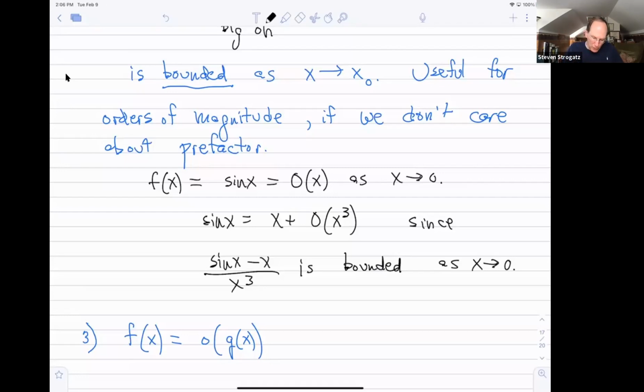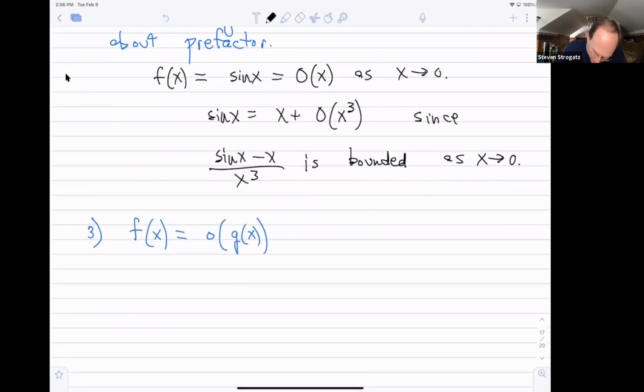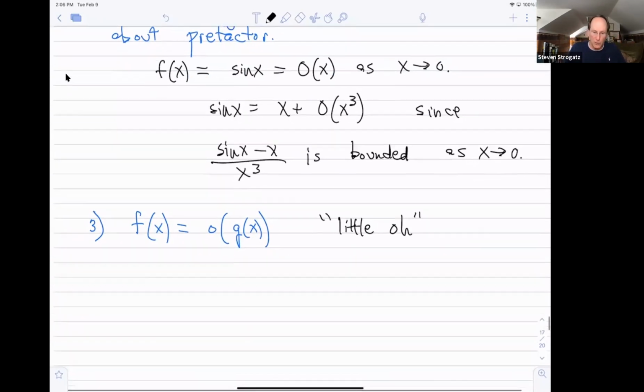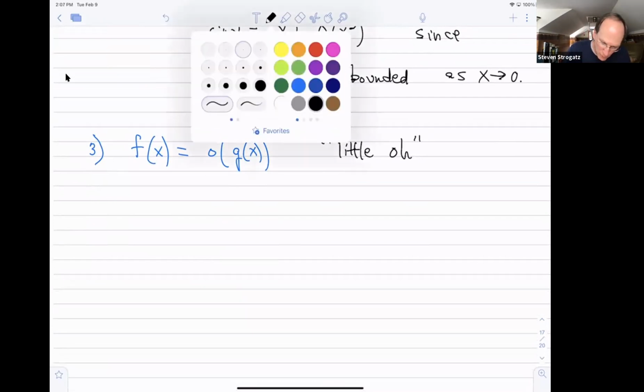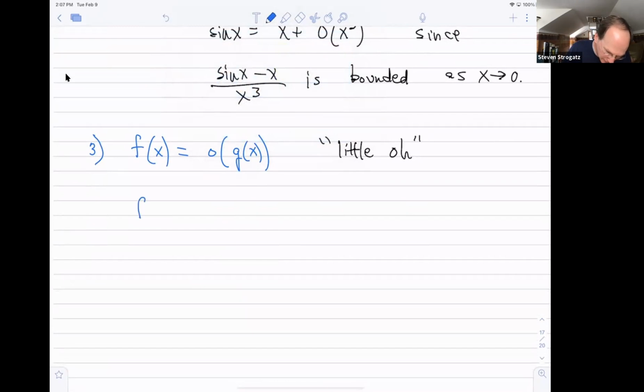And then there's also little o notation. I'll try to make my big O much bigger than my little o so you can tell the difference. And Bender and Orszag write this in a very suggestive way, which I'll be doing throughout the course. They write this as f of x is much less than g of x, with a very precise meaning as x approaches some point x0.